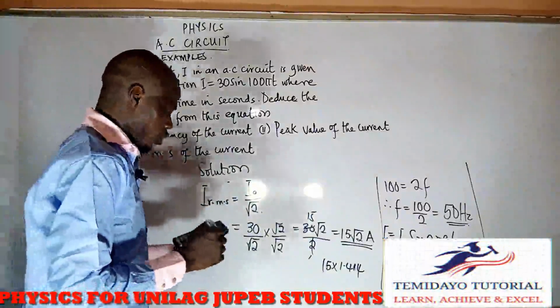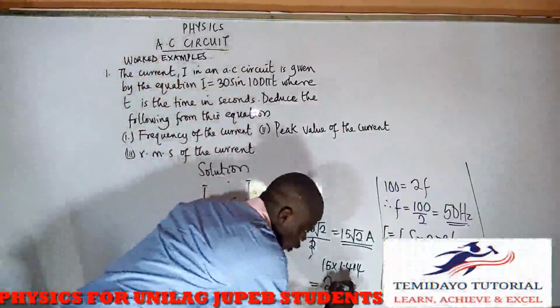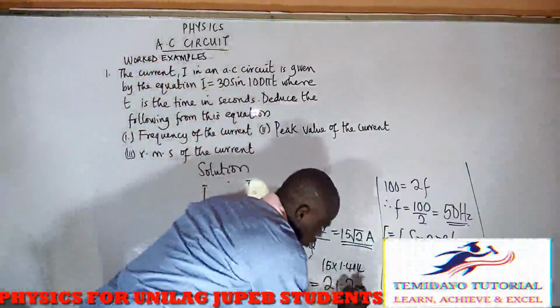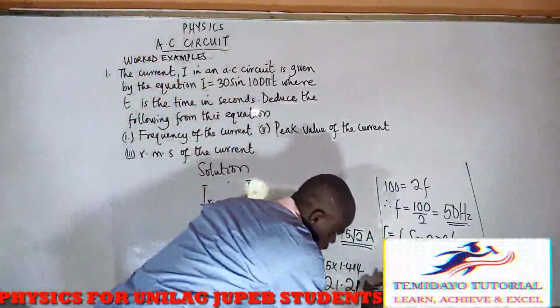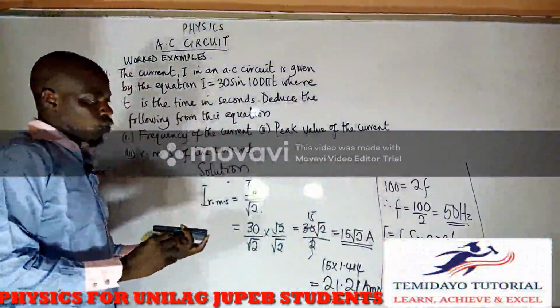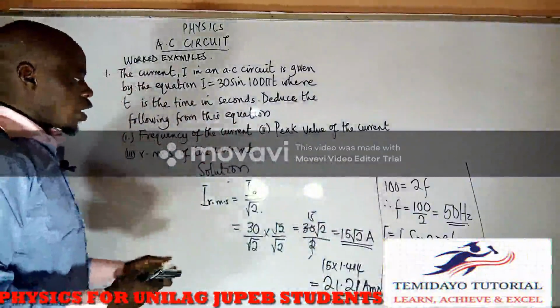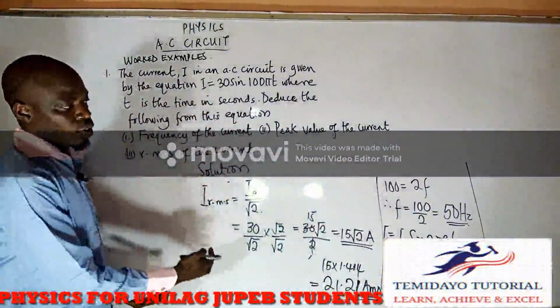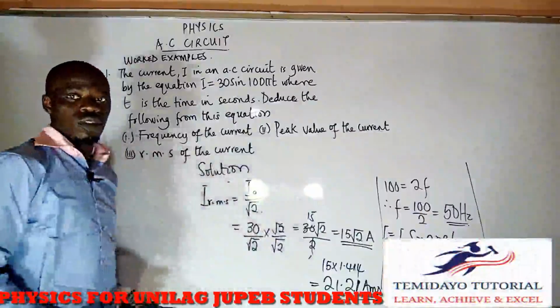So what will that give us? It gives us 21.21 amperes. So that is the value for the current, and that is how we solve that question. Once you understand the basic principle, solving the question is very easy.